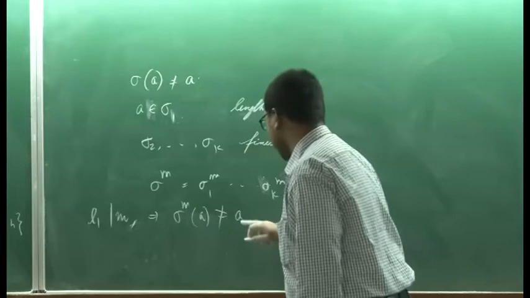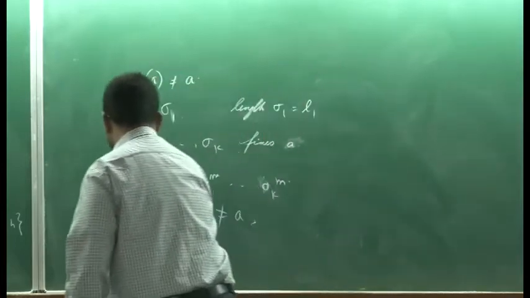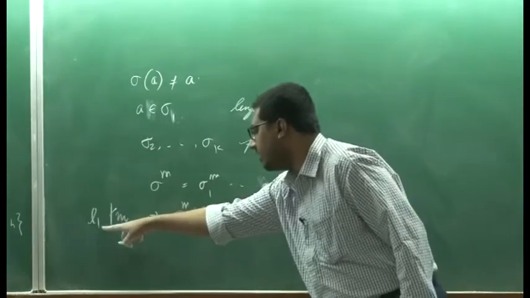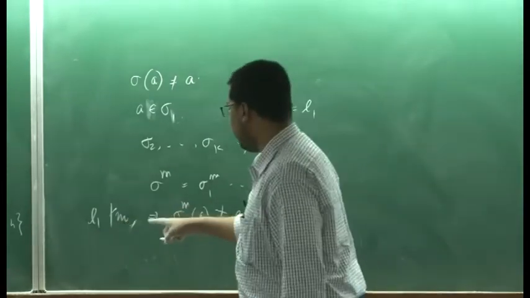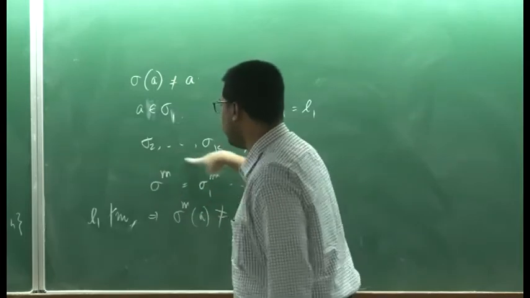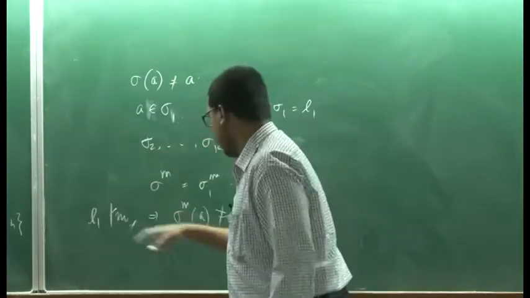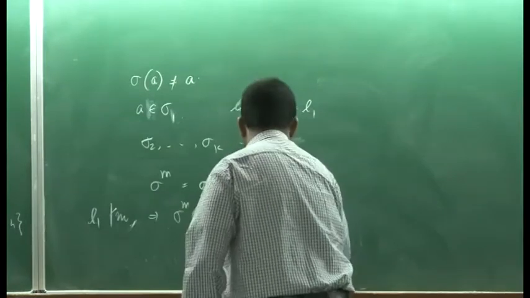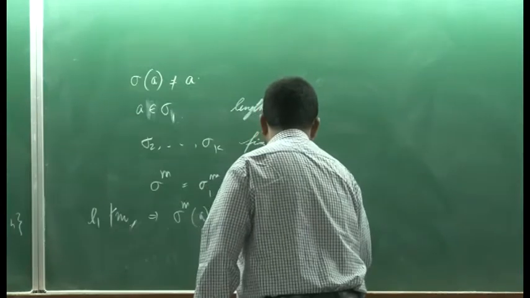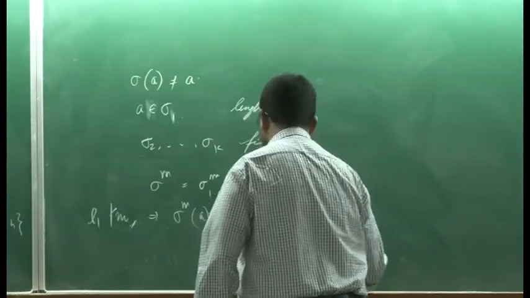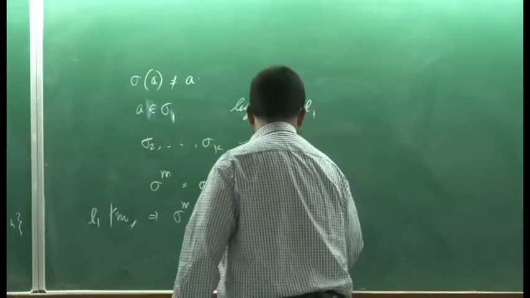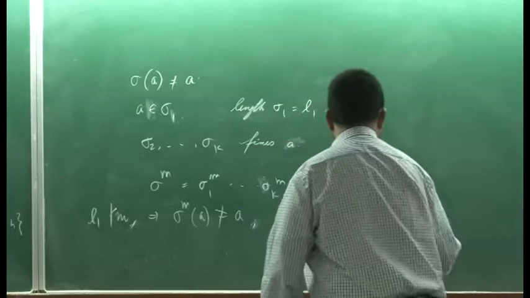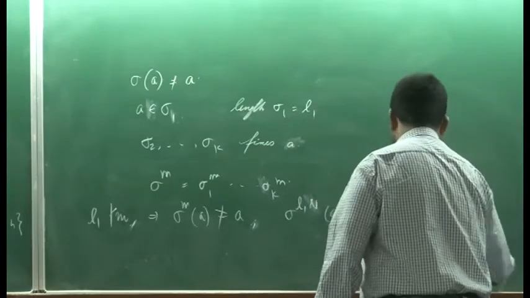And once m is divisible by L1, then certainly these points are fixing a, and therefore we do have that sigma^(L1 n)(a) is a for all n in Z. Okay.